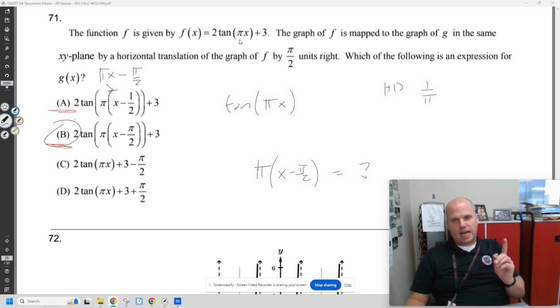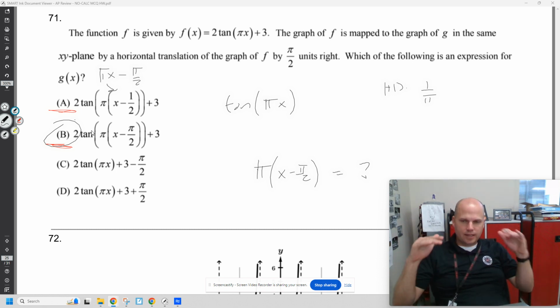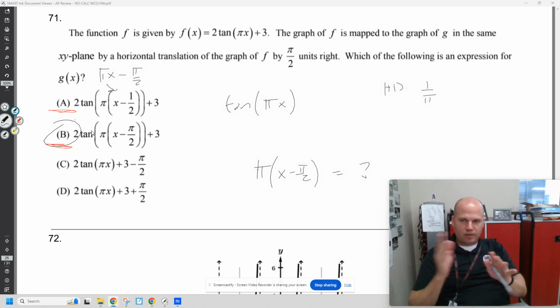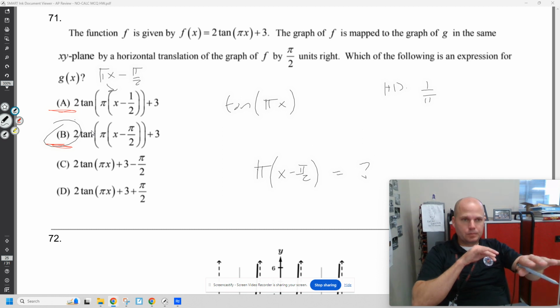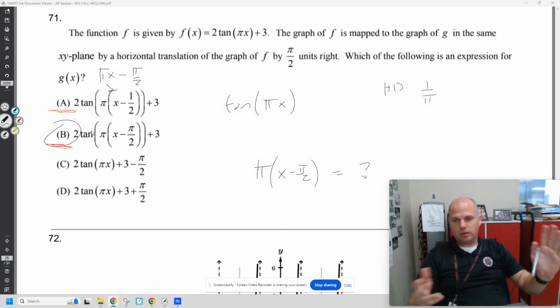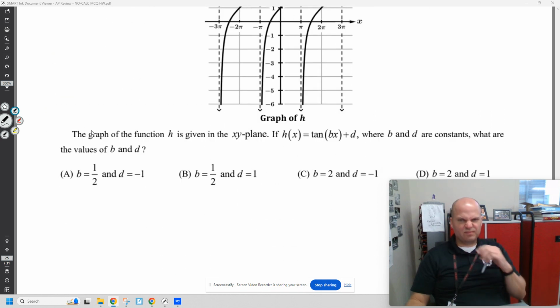We already have the dilation. Now we're shifting. That's the answer. In our class we always kept it dilate first, then translate. I haven't seen anything that flip flops, but there have been some questions where it's like, ooh, could be. No, it isn't.